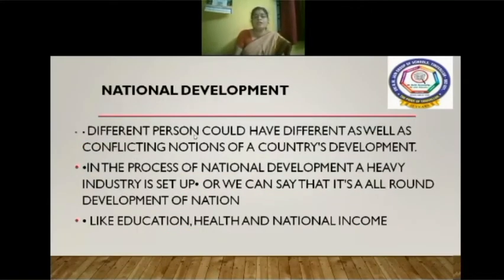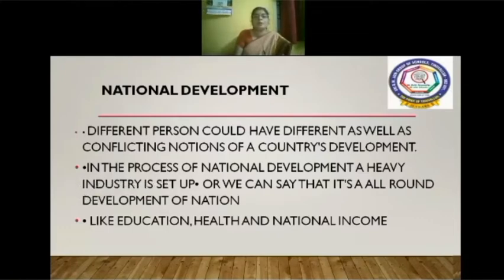Now, what is national development? Different persons have different, as well as conflicting, notions about this. A country's development can be related to its national income or per capita income, but per capita income is just an average income that cannot bring the whole nation's position into fact.